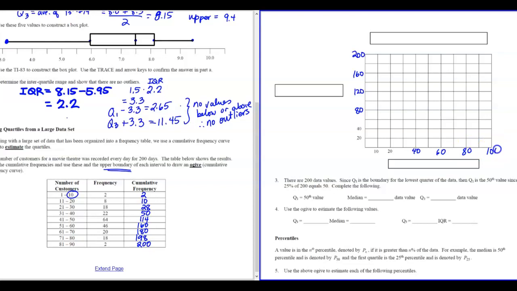There we go. Really, our last interval goes up to 90, so I don't really need the 100 there. All right, so this is going to be number of customers, and this is cumulative frequency.